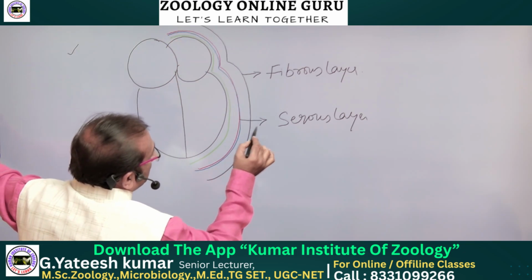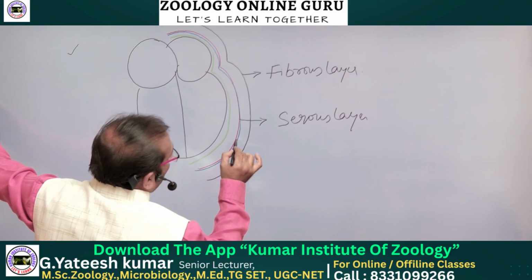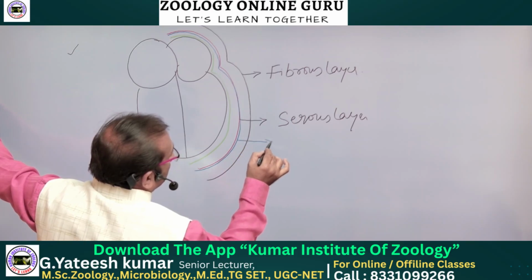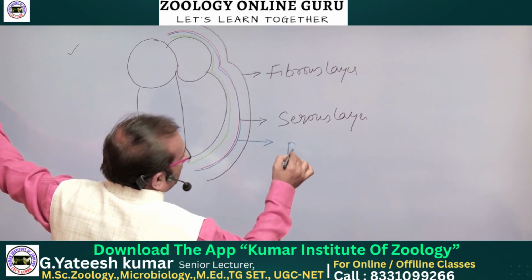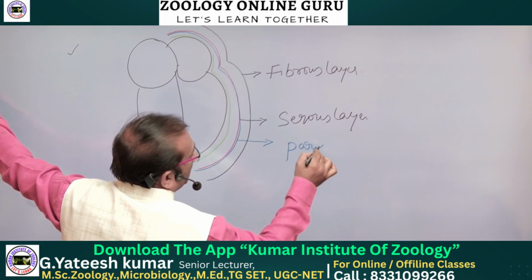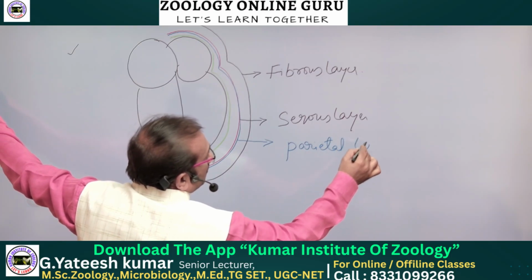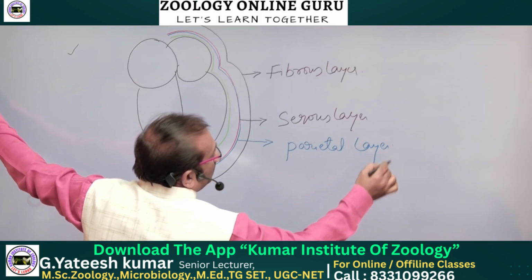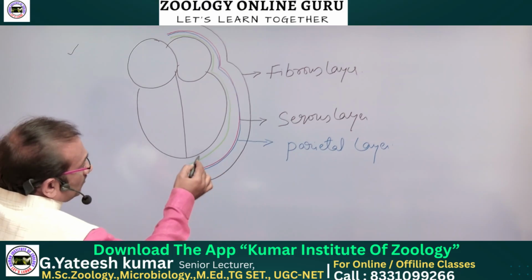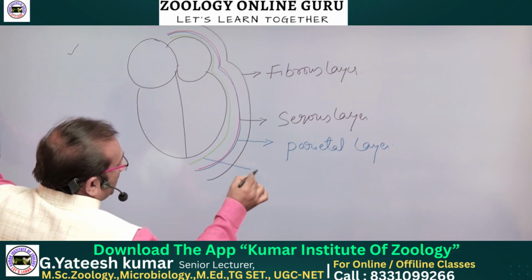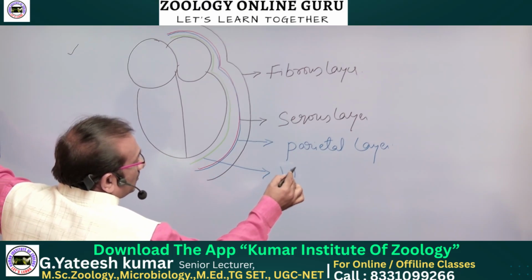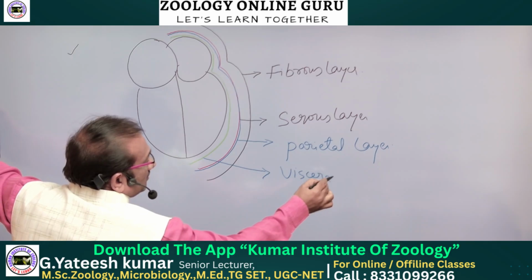The outer layer of the serous layer is known as the parietal layer, and the innermost layer is known as the visceral layer.